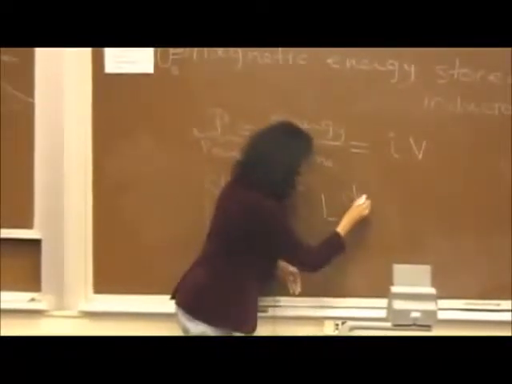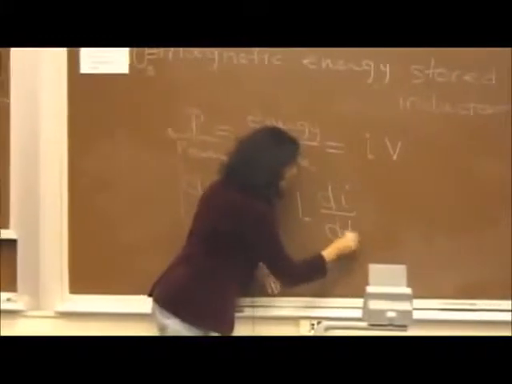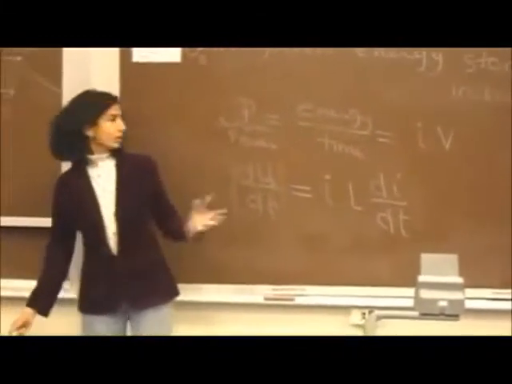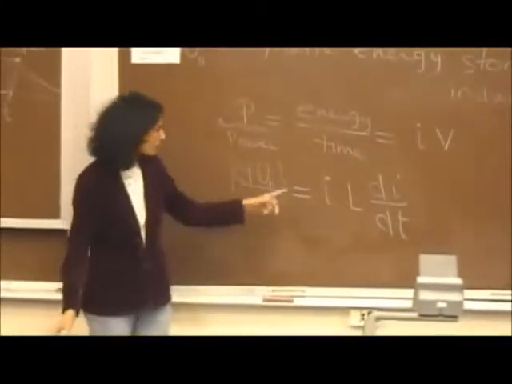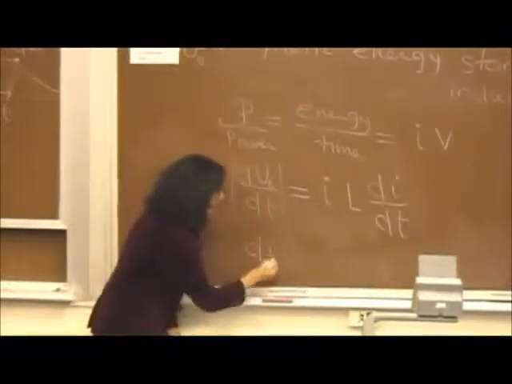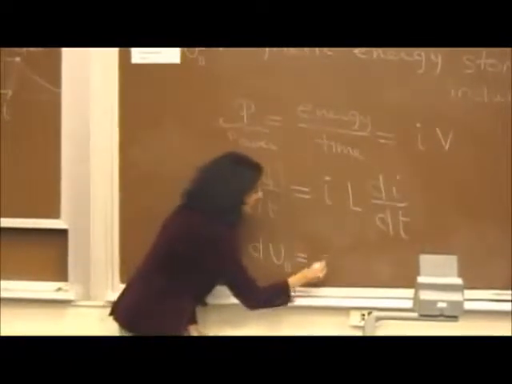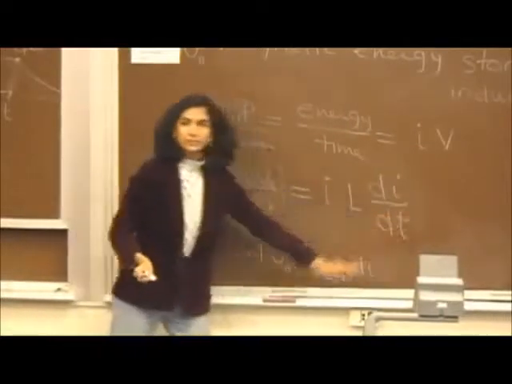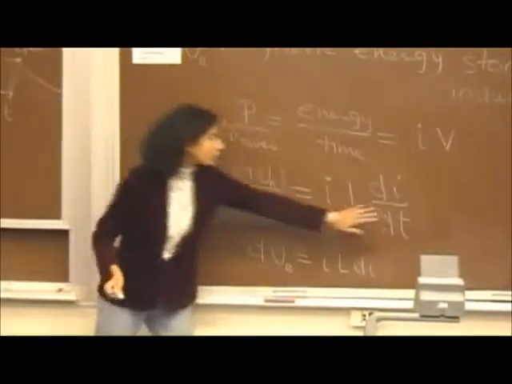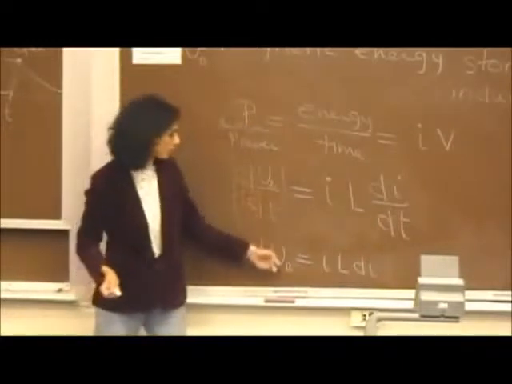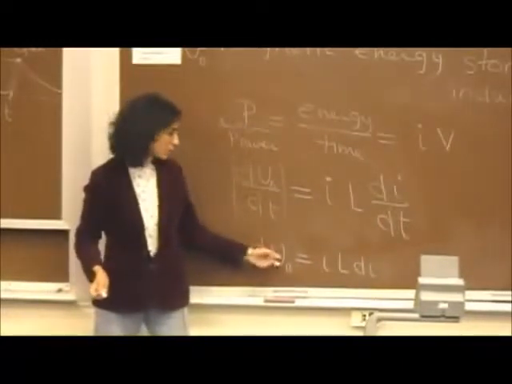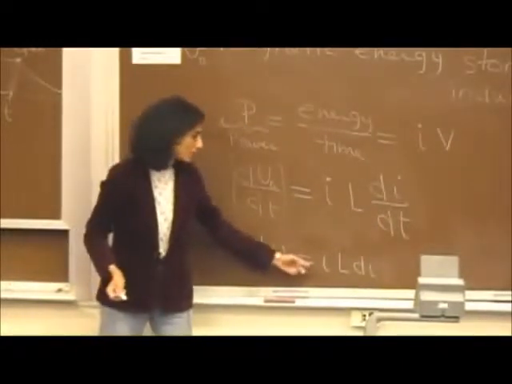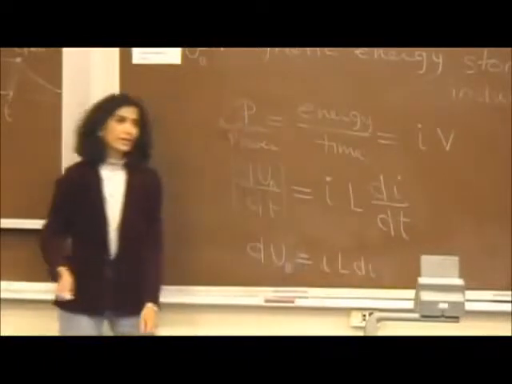I'm only interested in the magnitude. So from here you can see that I can write dU as I L di. I just got rid of the dt from both sides, and I have dU sub B, the infinitesimal change in the magnetic energy, equal to I L di.